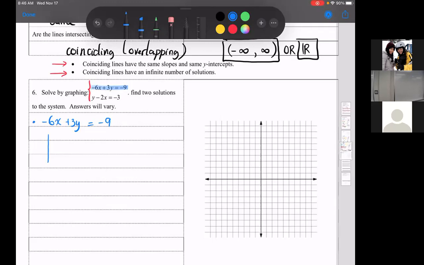Now, after you're done graphing those 2 lines, everybody's gonna maybe take different points. It doesn't matter as long as it's on the line.